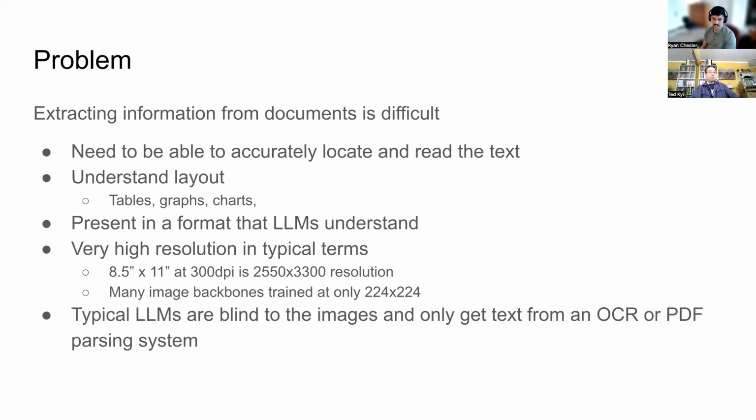Even just your standard 8.5 by 11 document, if you scan it in at 300 DPI, that's 2.5K by 3K, which ends up being colossal in terms of what we typically pass into these image models. So you need to find some way to handle all of that or break it into smaller parts and figure out how you'll handle that.